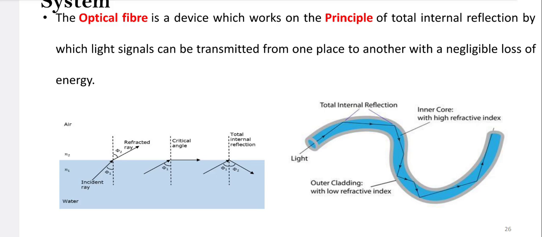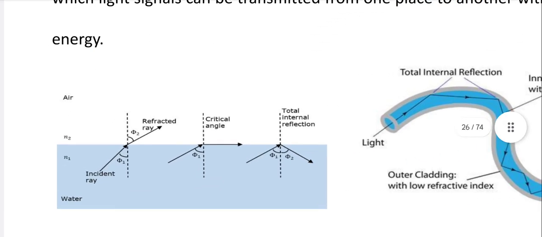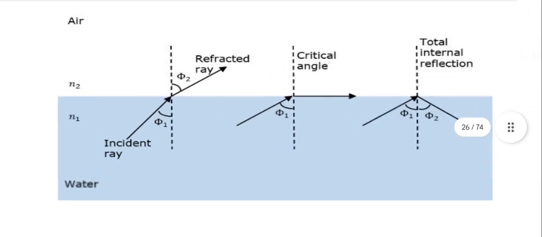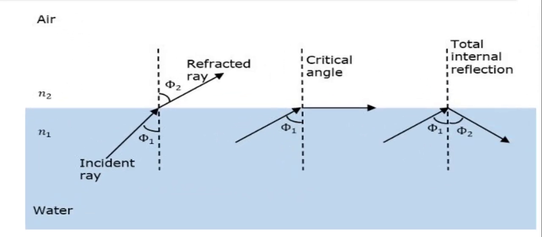The incident ray is the ray which hits the surface. The refracted ray is the ray which is bounced back to the medium. When the incident ray hits the surface, it creates an angle known as the incident angle, here named pi 1.